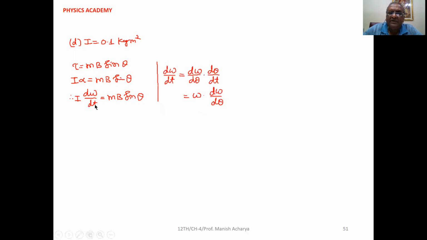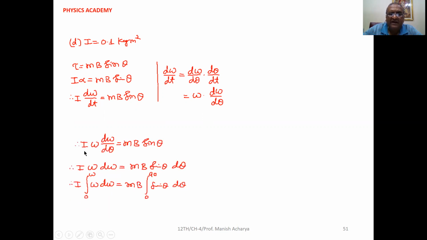Now here d omega by dt we can rewrite as d omega by d theta into d theta by dt. But this d theta by dt is called angular speed, and d omega by d theta as it is. So in this equation, replace d omega by dt by omega into d omega by d theta.